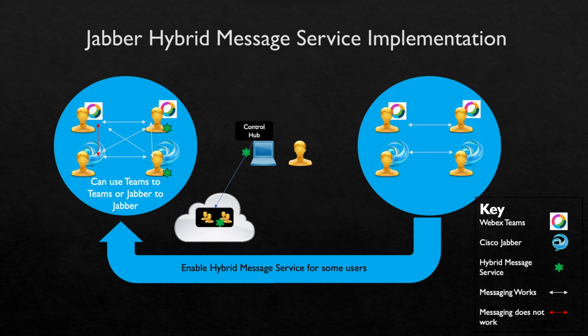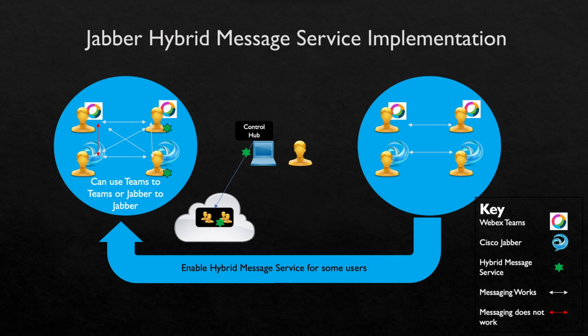Once the service has been set up for those users, there are 4 different ways messages can be sent. A user without message service can use Webex Teams. A user without message service can use Cisco Jabber. That's what you see on the left side of this circle. These 2 users have not been set up for hybrid message service, but they can still send messages.